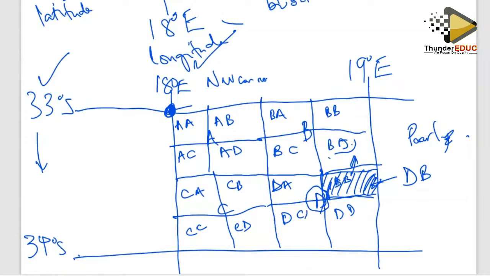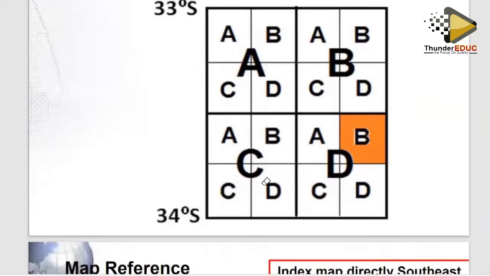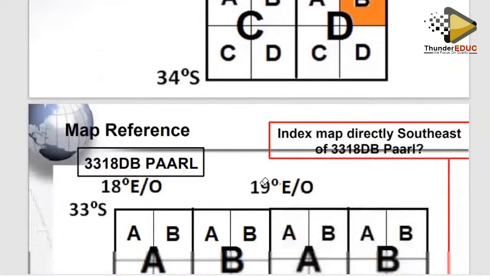Southwest is here. What is the reference of this map? It is 3318 DC. Those are the typical questions that you can get on map referencing, right? I think with what I've explained here, this is the same as what is illustrated here, according to the illustration of that particular example. Right, so we are done with map referencing.